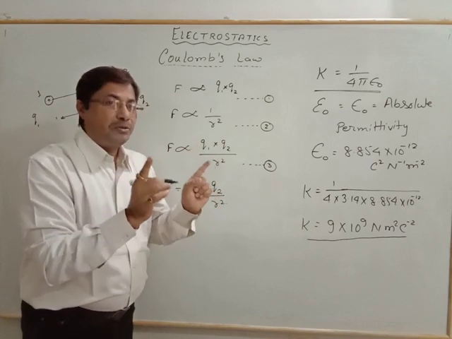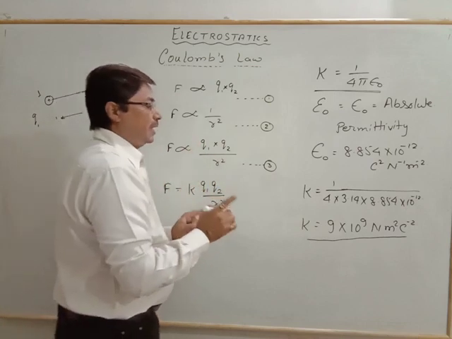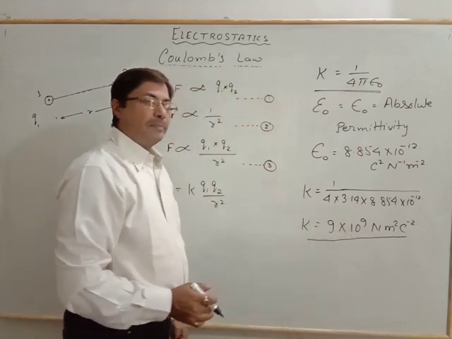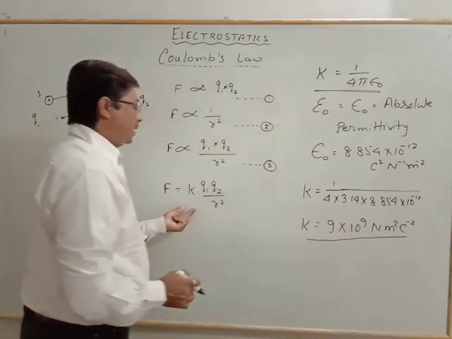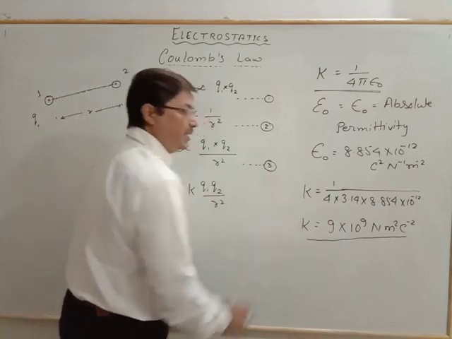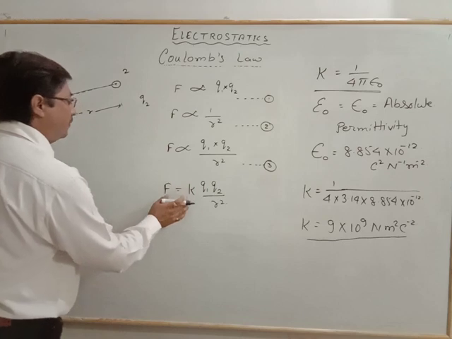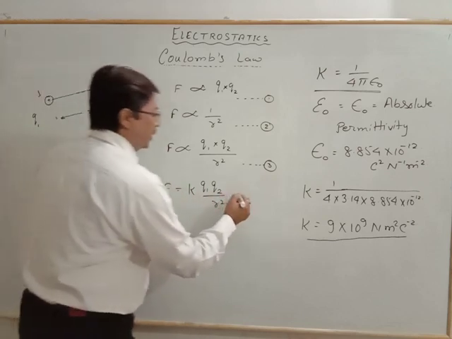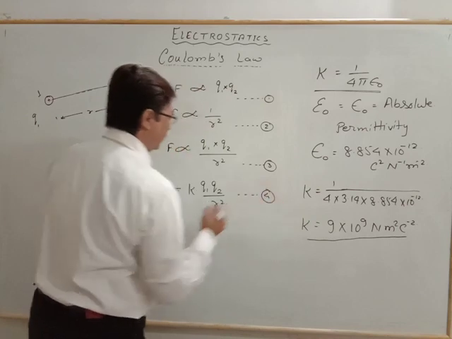Whether it is in vacuum or air, it has the value 9 into 10 to the power 9 Newton meter square per Coulomb square. But if it is placed in any other medium, in that case its value will change. So it is not a universal constant, it changes according to the medium. So that becomes equation number 4.